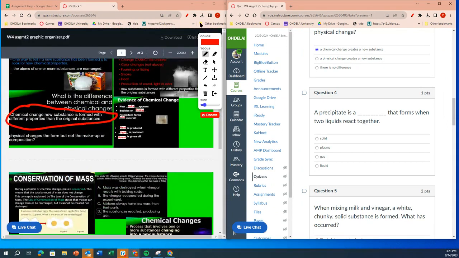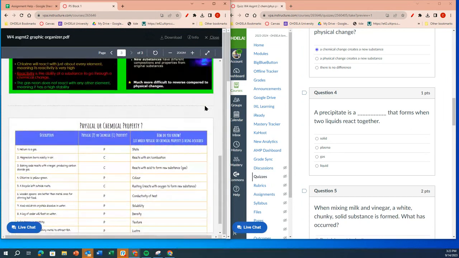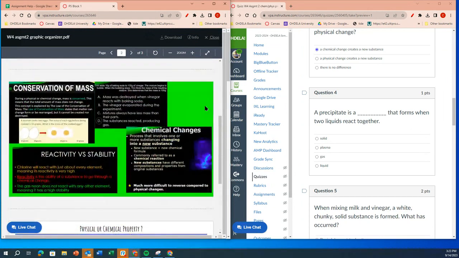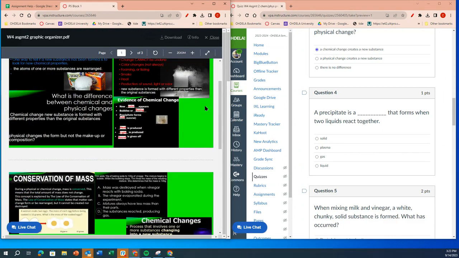So let me see if I can turn this off a minute, drag this up. All right, so if you look right here, a precipitate forms, okay, and that forms a new substance.